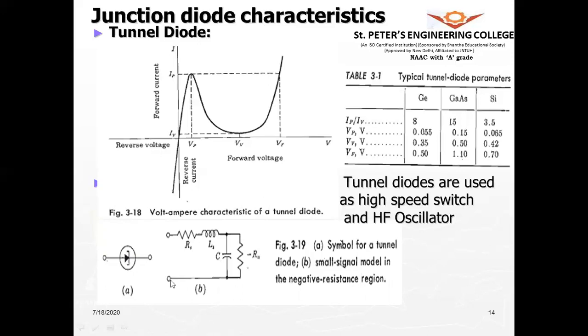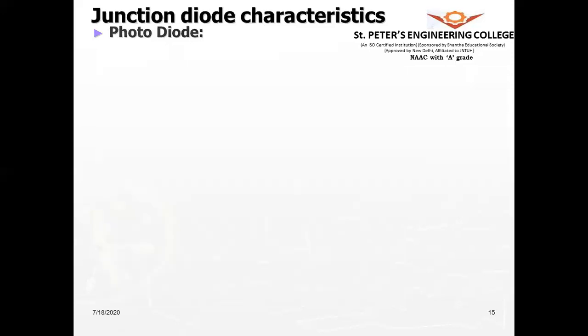And the small signal equivalent model in the negative resistance region is shown here. So it is basically an RLC circuit, some sort of resonance circuit.